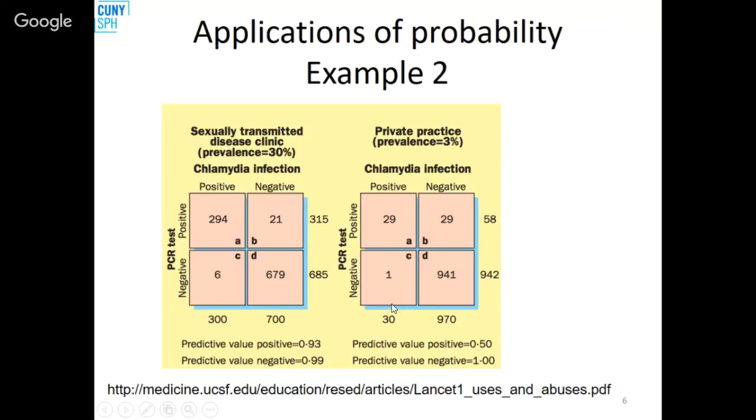The sensitivity is the same, and the specificity, that is the accuracy on the negative cases, or the probability of predicting negative if someone is negative, is 679 out of 700, and here 941 out of 970.